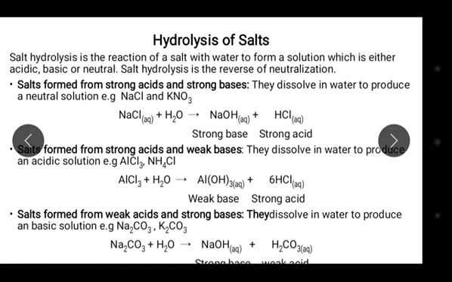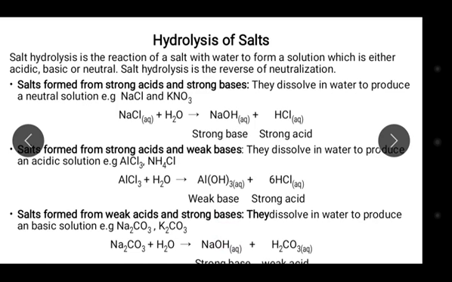Because the base is strong, the solution will be basic. Any species that is strong in the solution will take over what the solution will look like. For this kind of salt, the base is stronger, so the solution will be basic. So it's as simple as that.